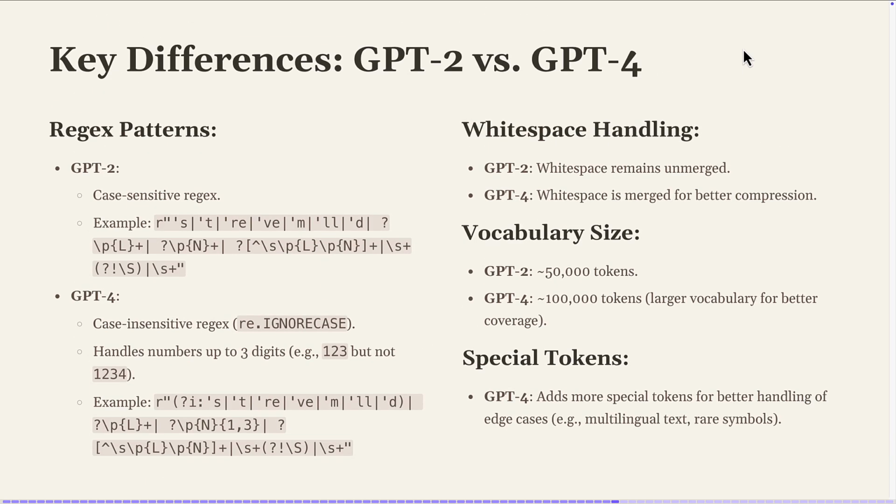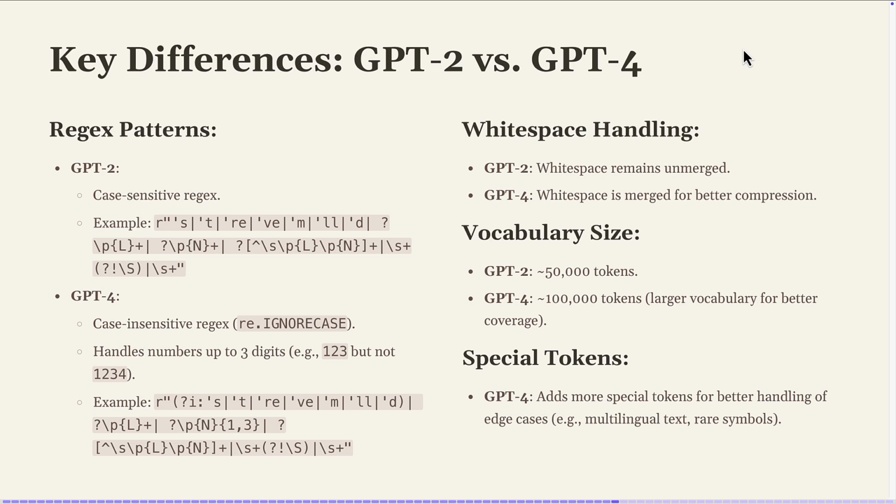So let's see the key differences between GPT-2 and GPT-4. GPT-2 uses a case-sensitive regular expression, the same regular expression that we have introduced. And GPT-4 uses a case-insensitive regular expression. So GPT-4 will consider a capital letter and a non-capital letter as the same thing, so it will ignore case sensitivity.